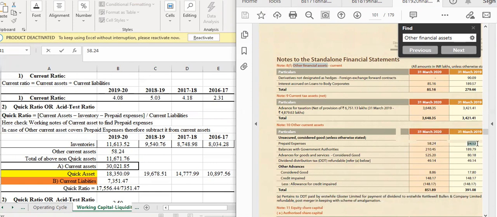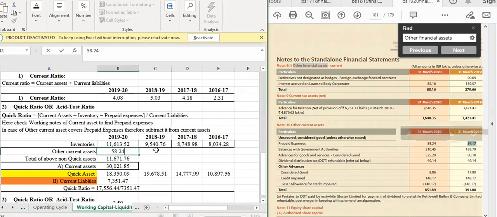Then it is 54.70. So I will copy the same here. Got it? In this way you have to calculate. Okay, inventory data I am taking from our current asset as it is. No need to find, we already calculated it in our working capital. We need to find the prepaid expenses.